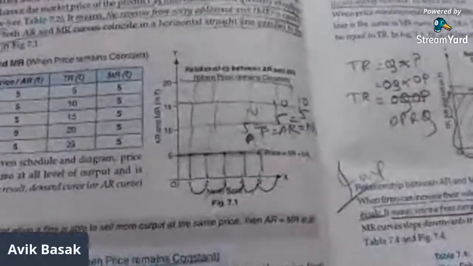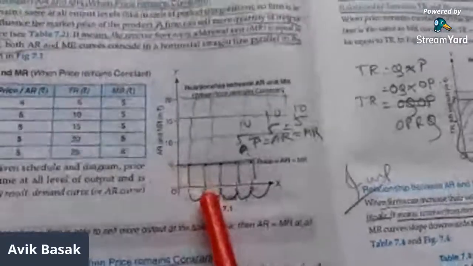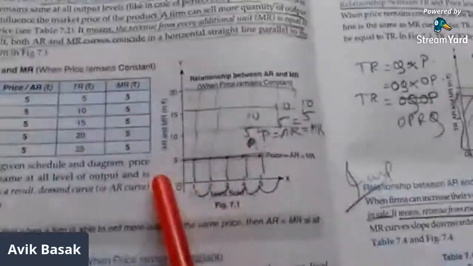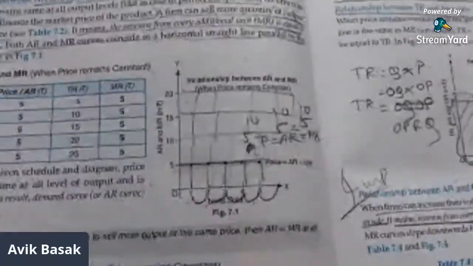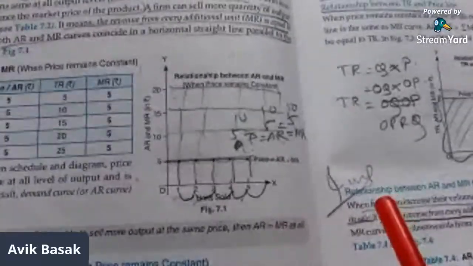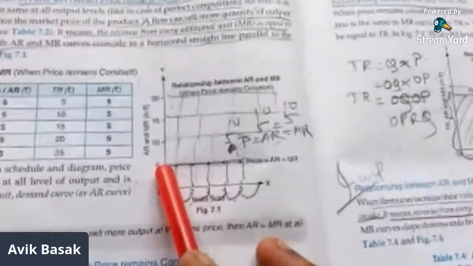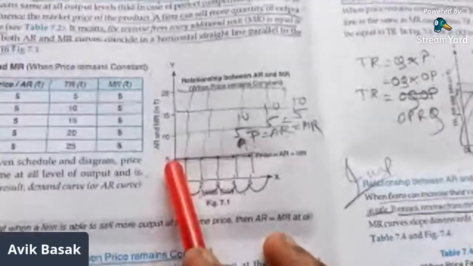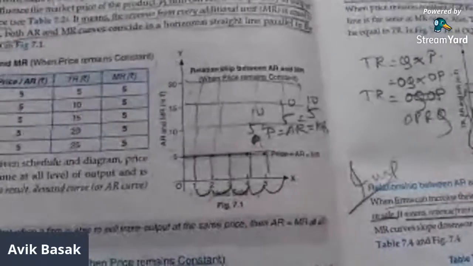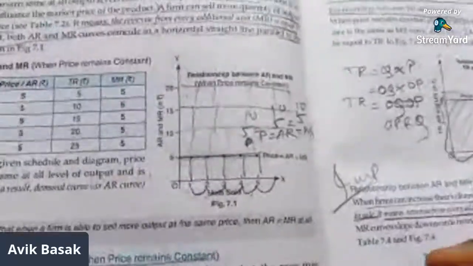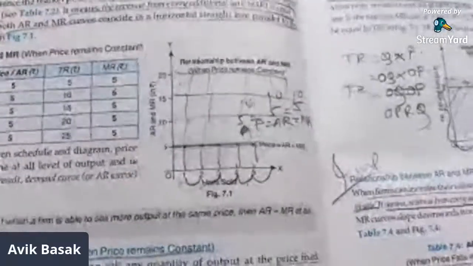Just think, when I'm selling one good at 5 rupees, the second good also at 5 rupees, the third good also at 5 rupees, the fourth good also at 5, means for each and every additional unit of output, I am charging the same price because it is a price constant case. So selling of additional output, isn't this marginal revenue? Exactly, this is marginal revenue.